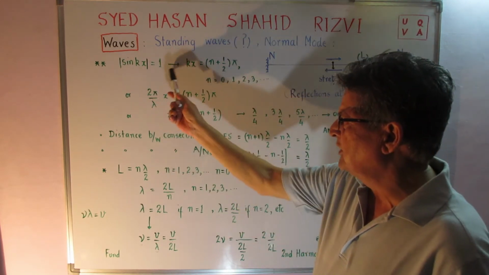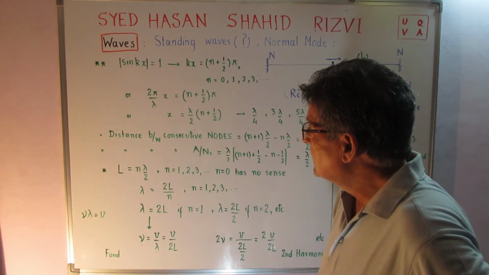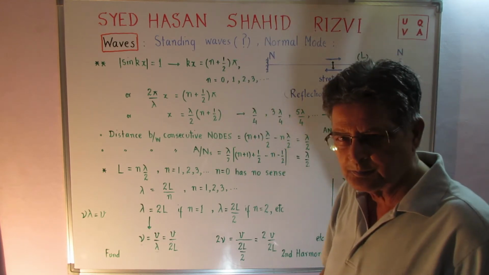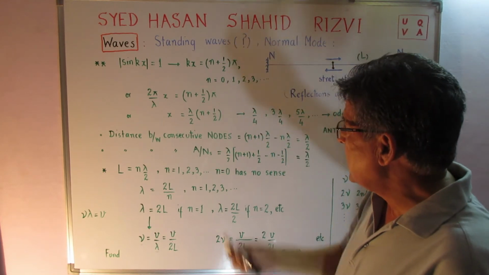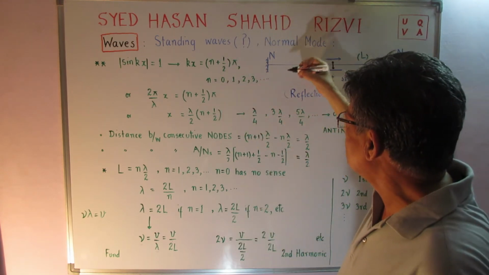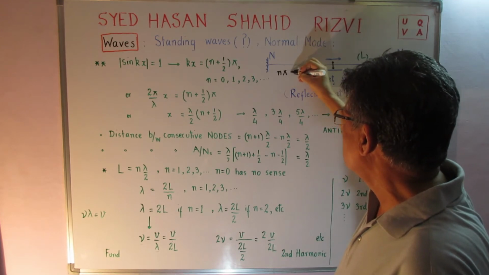We are just taking this. And then kx should be equal to (n plus half) pi, which means n pi plus pi by 2.